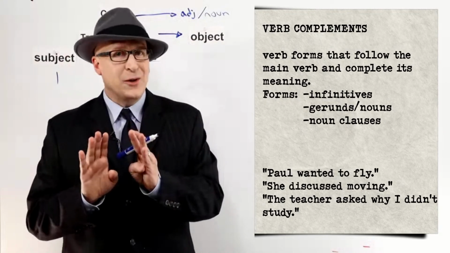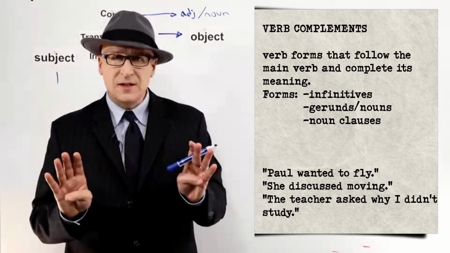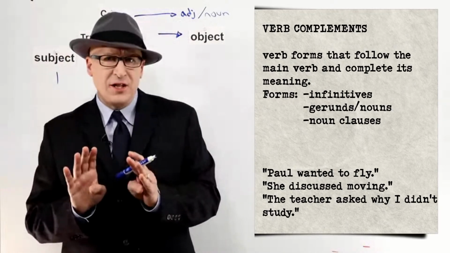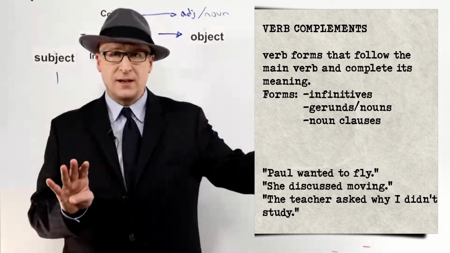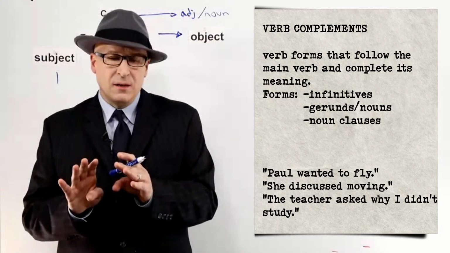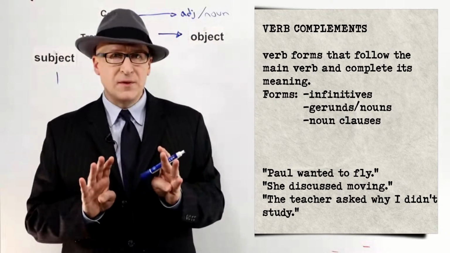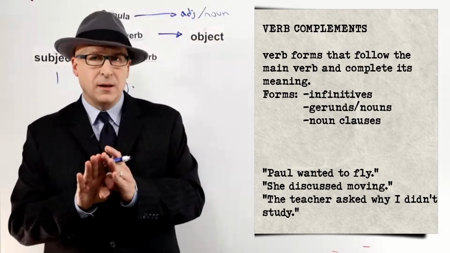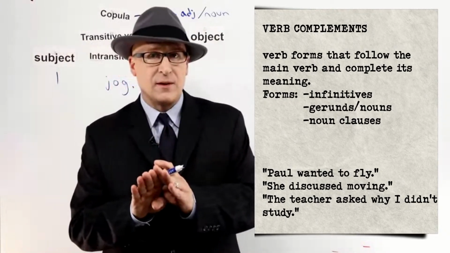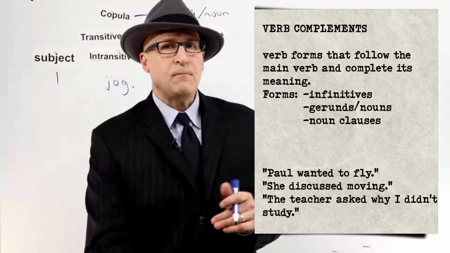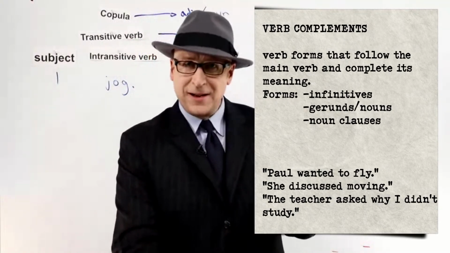That means you cannot say she discussed about moving, or she discussed with moving, or she discussed for moving. You can't have a preposition after the verb discussed. You must have an object immediately after it. That's the rule of transitivity. Okay? Because you have to discuss something.